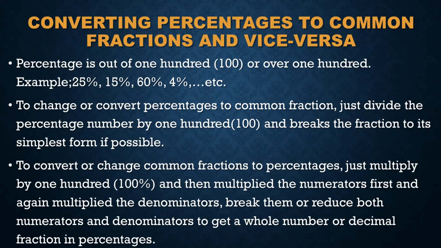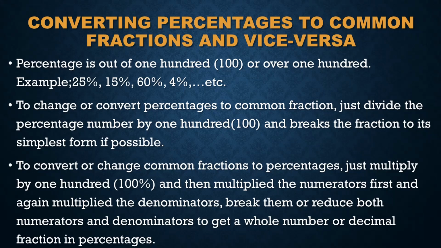The same thing applies when I ask you to change 15% to common fraction: you divide the entire 15 by 100, and then you start doing your cancellation if possible. Same thing for 60%: you divide 60 by 100, and then you cancel. For 4%, the entire 4 will be divided by 100.